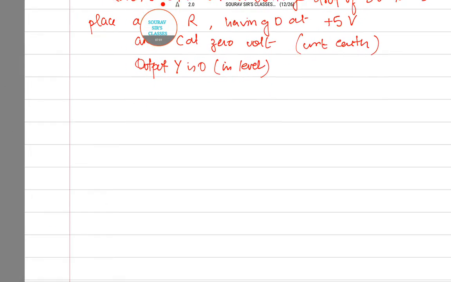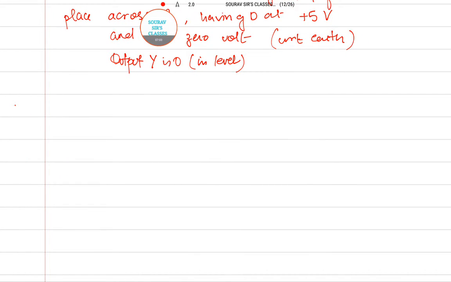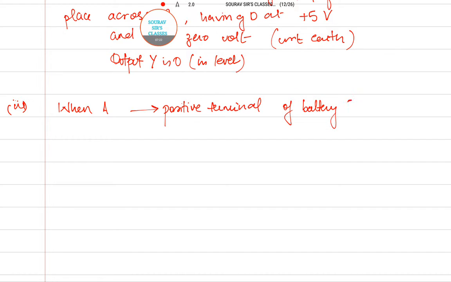Now the third case. When A is connected to the positive terminal of the 5 volt battery and B is earthed, so it is the reverse situation now.